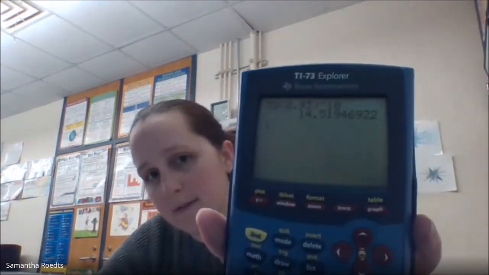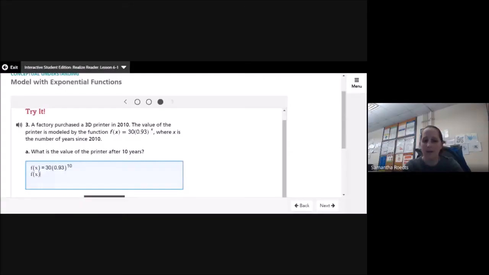And then I just come down here and hit the enter button, and it gives me my answer. So f of x equals 14.51946922. Obviously I don't need all of that information, so I'm going to use what I need.